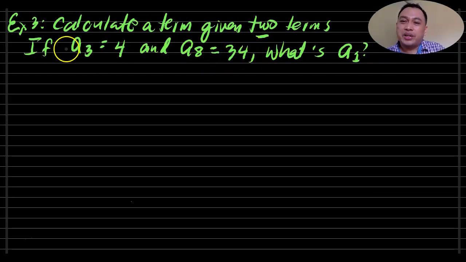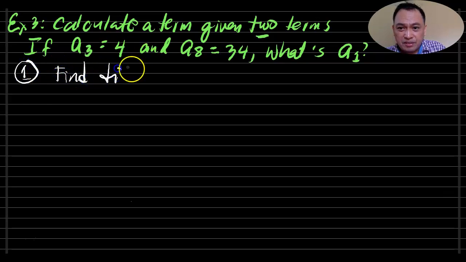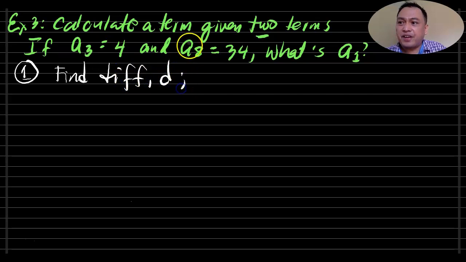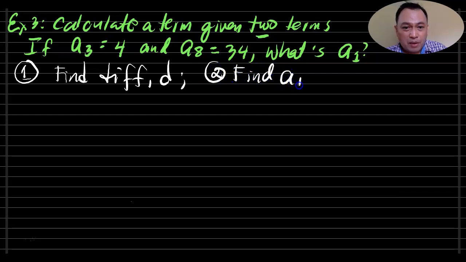Oh, okay. How are we supposed to solve that? Number one, we have to find the difference, d, and after finding it, you can now start to find a1.